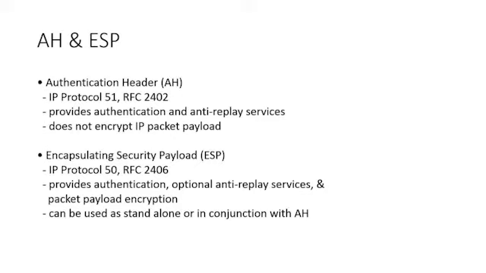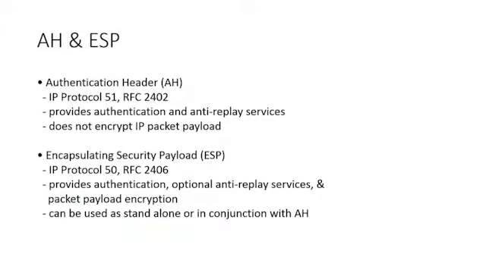Now, ESP, on the other hand, that's our encapsulating security payload. Protocol 50 provides authentication now, and it can help in anti-replay services, and we have packet payload encryption now. So instead of just the ends being taken care of like for authentication headers, ESP will take care of the whole thing.